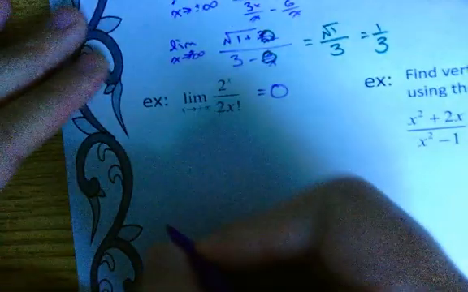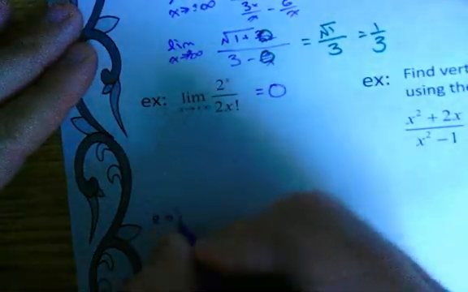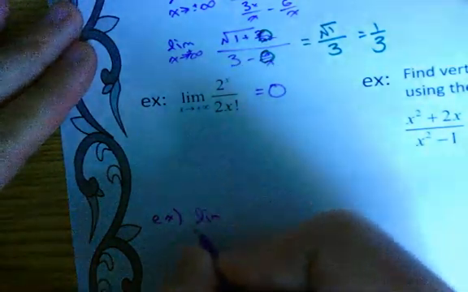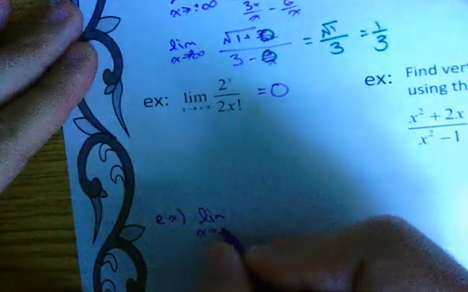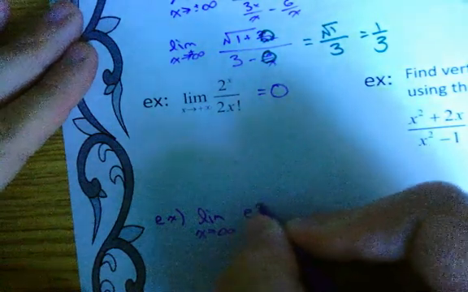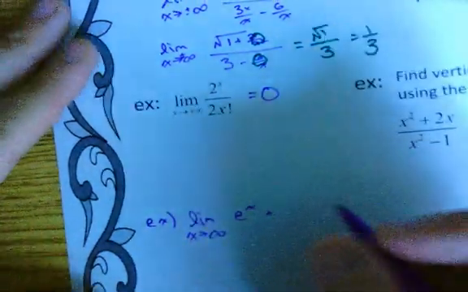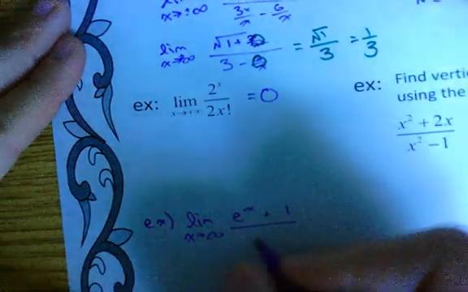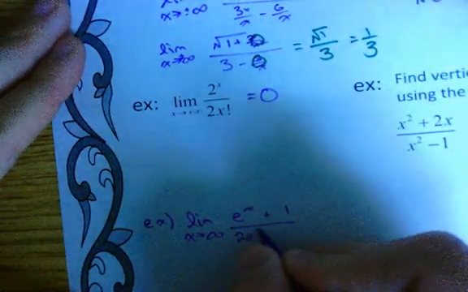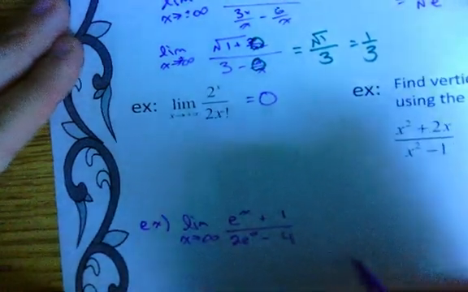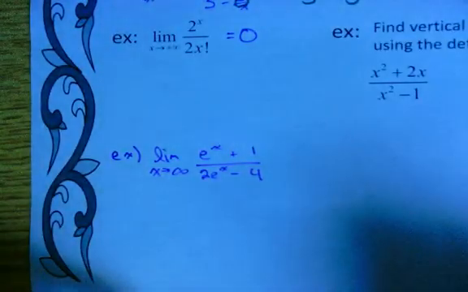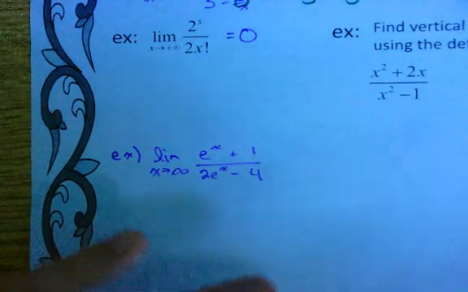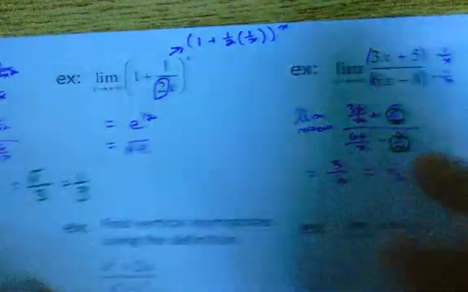I do want to add in an example real quick. Now I add this in because I think it gets a little confusing about these two examples I did here and here.